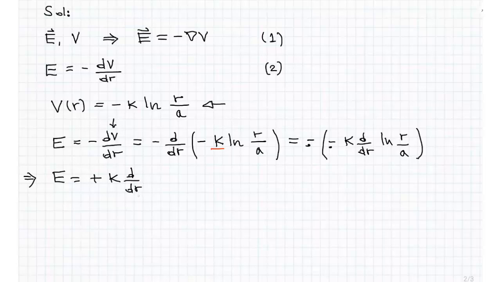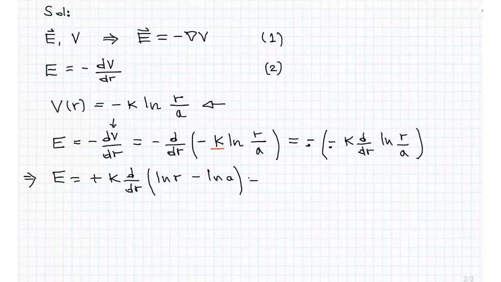If I use the logarithm relationship for the division of two terms, this is log of r minus log of a. Those are the properties of logarithms.